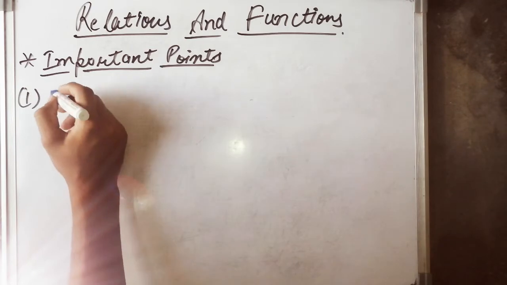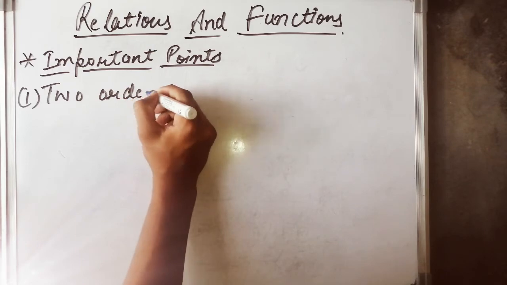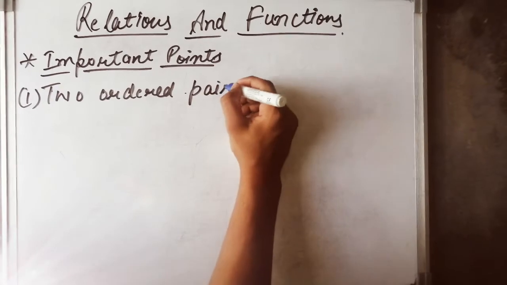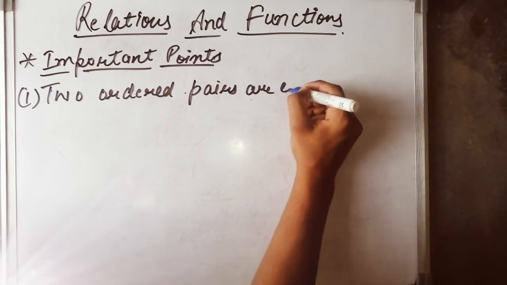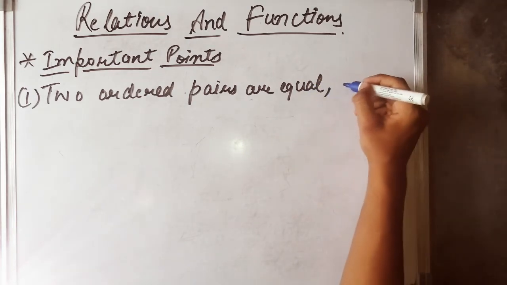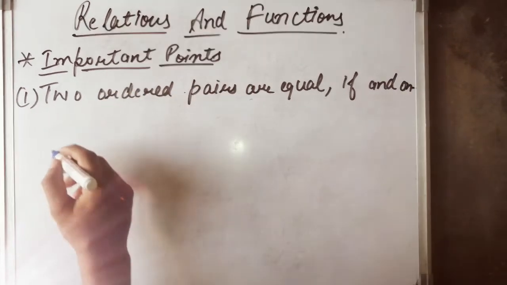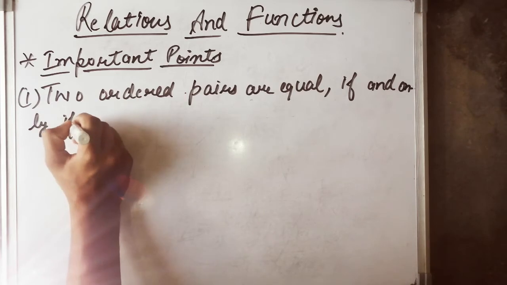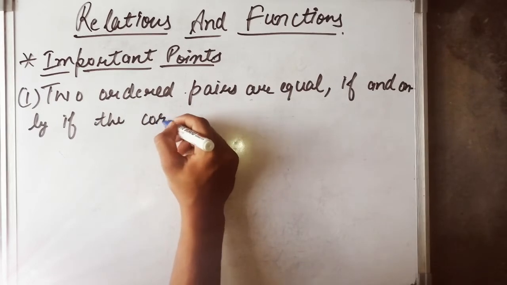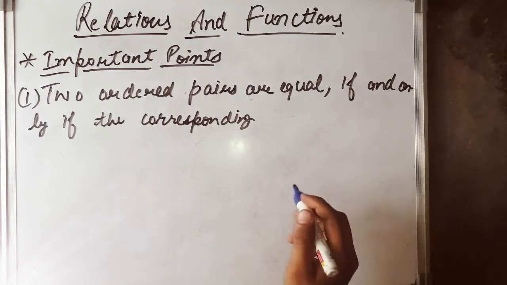Our very first point is: two ordered pairs are equal if and only if the corresponding first elements are equal.